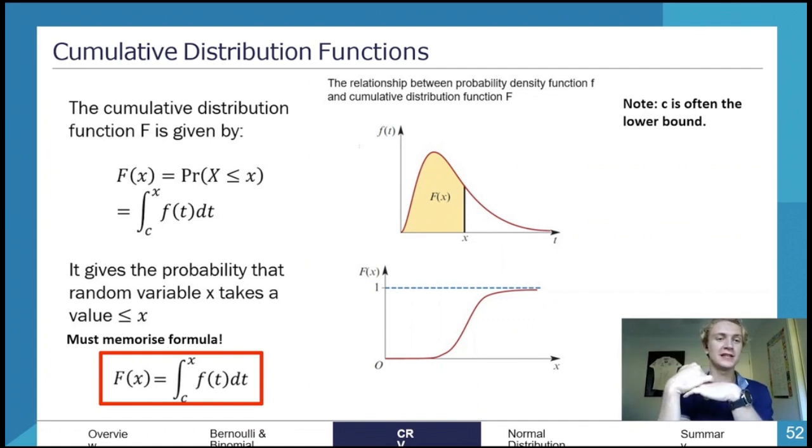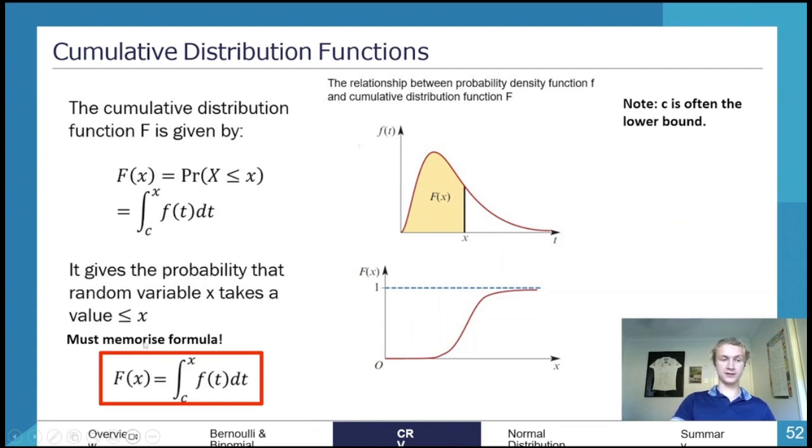A cumulative density function, F of x, is the probability that capital X is less than x, and it equals the integral between the lower bound, c, and x. So if we have this value x here, we're finding the integral, the area, under this curve, between that and the lower bound. The c would be here for the lower bound. We're finding the probability that it's between there and there. The probability that the random variable X takes a value of less or equal to x.